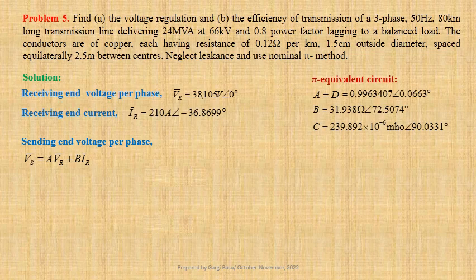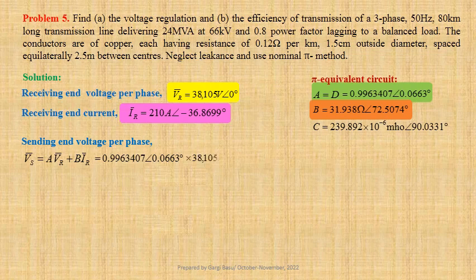Expression for sending end voltage per phase, Vs equals A times VR plus B times IR. Using values we get 0.996347 at an angle 0.0663 degree into 38,105 at an angle 0 degree plus 31.938 at an angle 72.5074 degree into 210 at an angle minus 36.8699 degree.